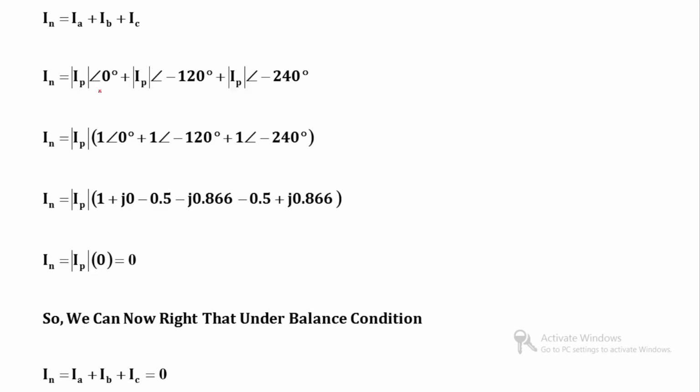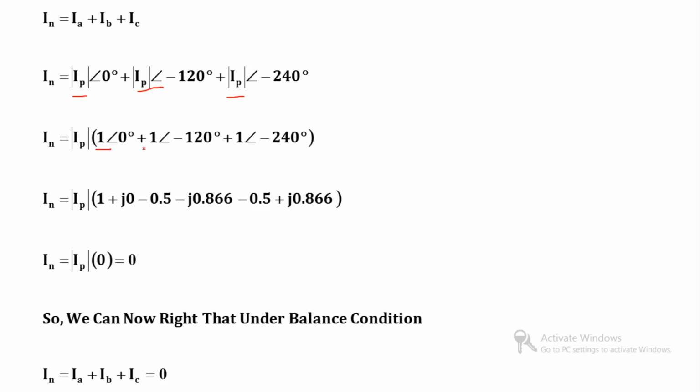So, we can write IN is equal to mod IP at an angle 0 plus mod IP at an angle minus 120 plus mod IP at an angle minus 240. We take mod IP as common. In the bracket the remaining terms will be 1 at an angle 0, 1 at an angle minus 120 and 1 at an angle minus 240.